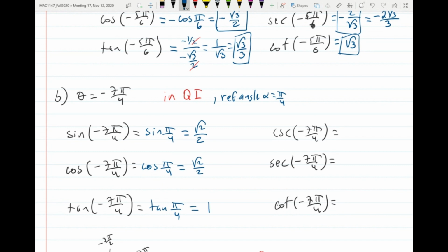Equals 1. Good. Now to get the other 3, all we have to do is flip. So cosecant is going to be 2 over the square root of 2, which gives you square root of 2 when you simplify. Secant will give you the same thing, square root of 2. And then cotangent, you flip the tangent, so you also get 1. Okay, questions?